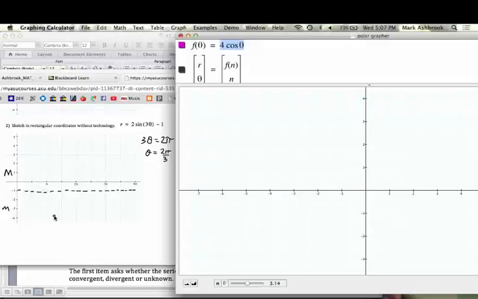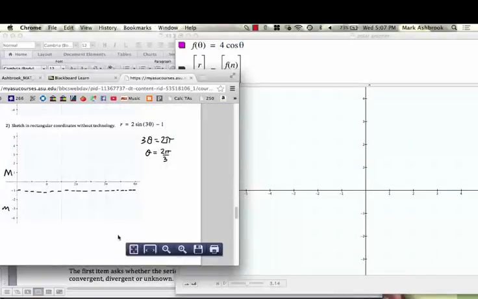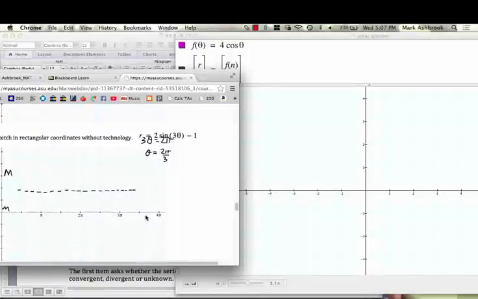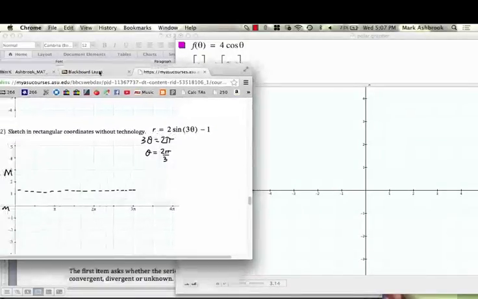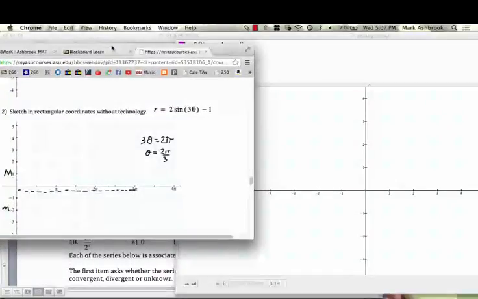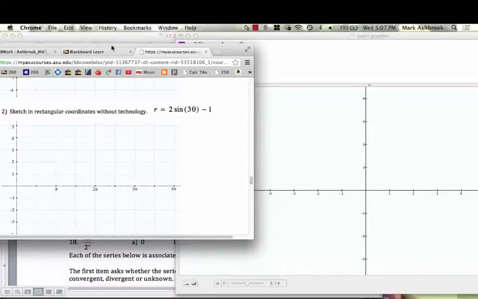So where is that? We need to zoom in here. Okay, so 2 pi over 3 is right here.